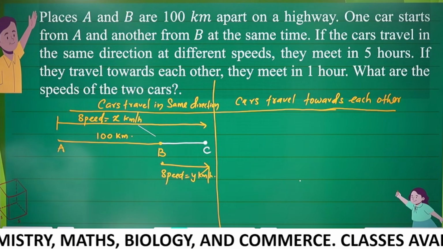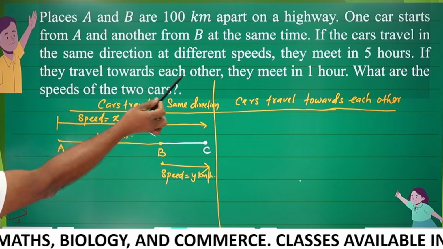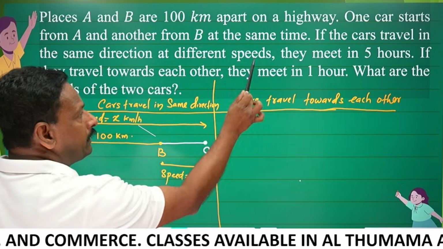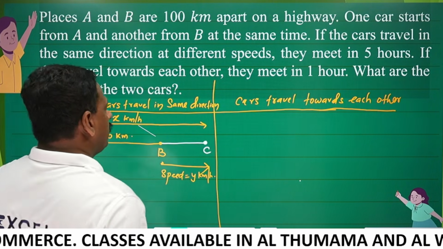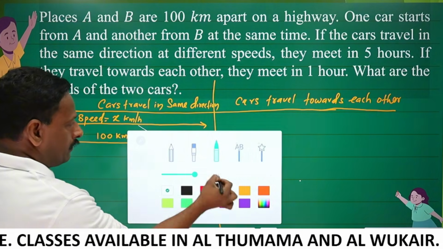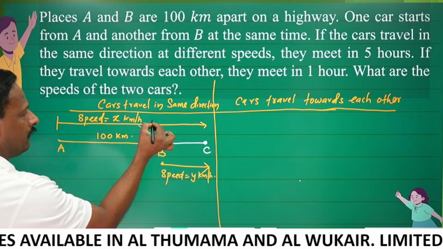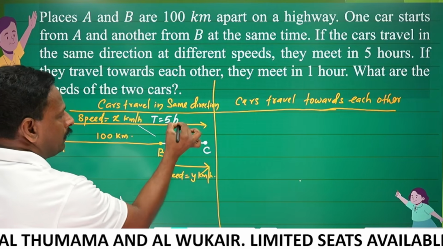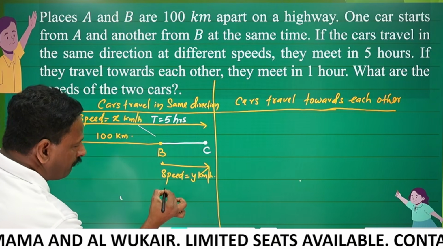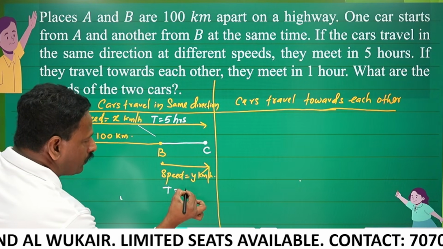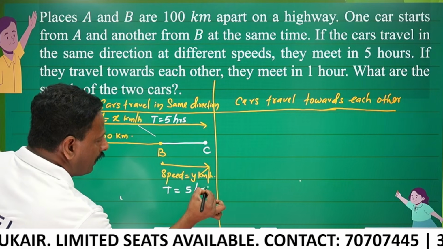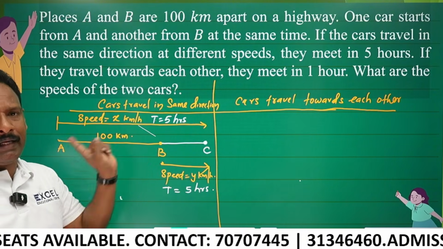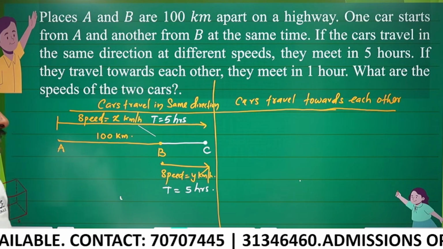And what the question says, if the cars travel in the same direction at different speeds, they meet in 5 hours. That means the car starting from A traveled 5 hours and the car starting from B also traveled 5 hours. If you know speed and time, what you can find is distance.